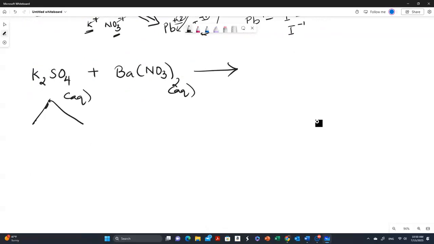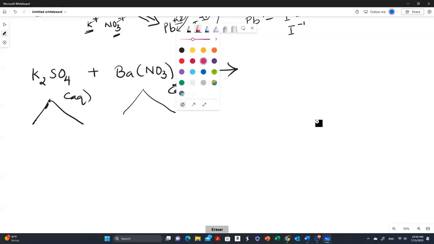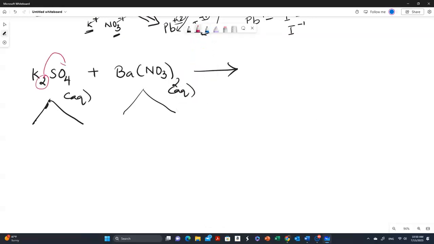This will have one cation and one anion, and this compound also will have one cation and one anion. Let's keep it simple. Take this 2 and put it on top of SO4. You only have one SO4 here, so take this 1 and put it on top of potassium.